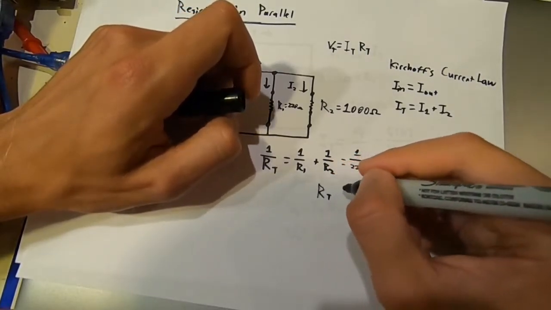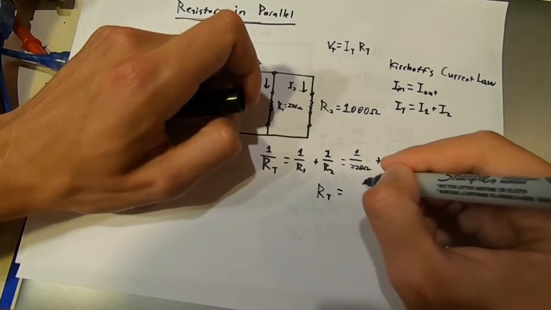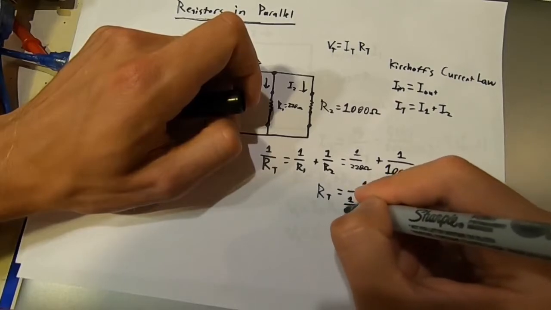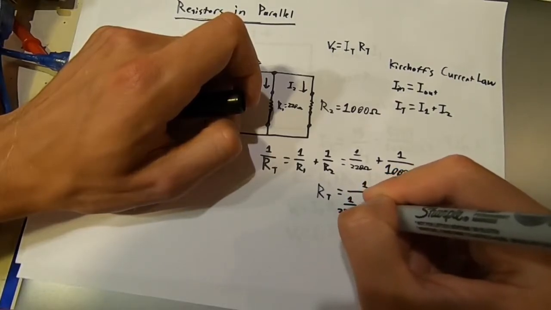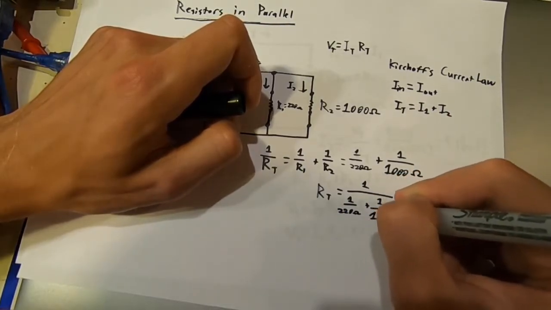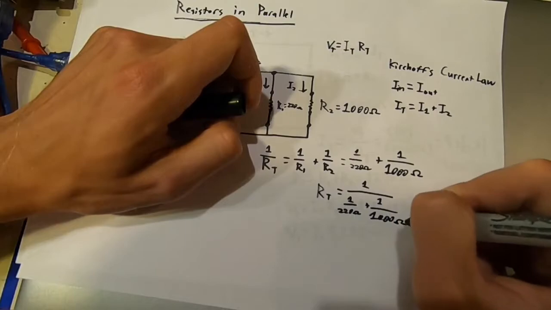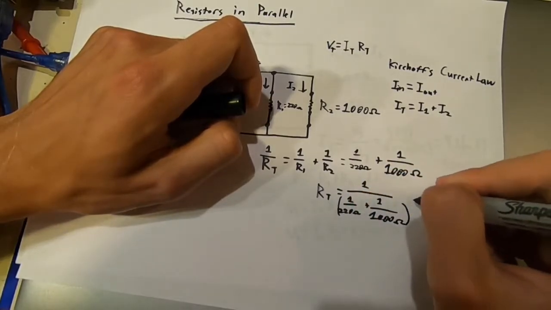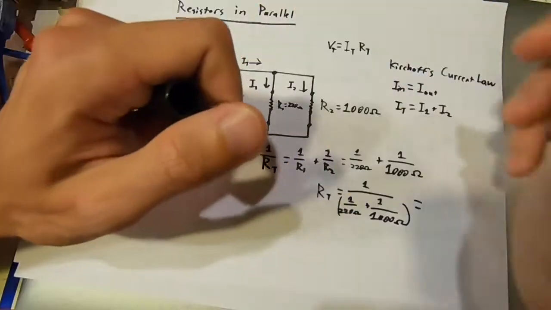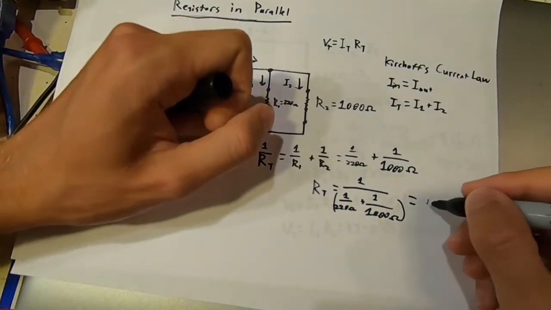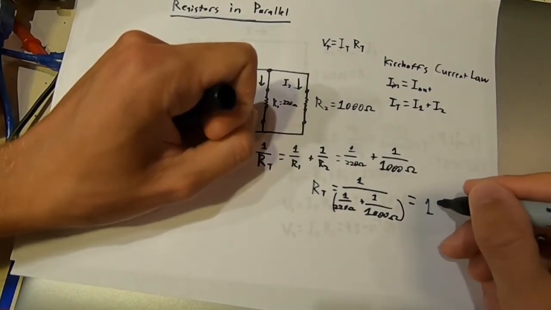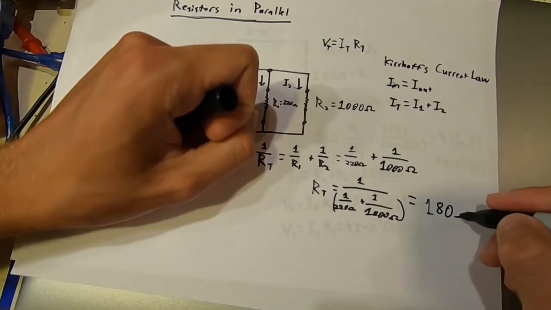Right, so our total resistance is going to be equal to 1 over 1 over 220 ohms plus 1 over 1,000 ohms, which is equal to 180 ohms.